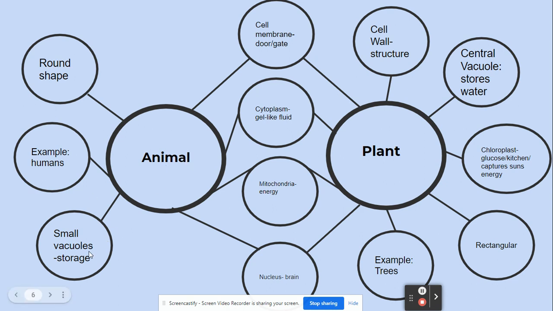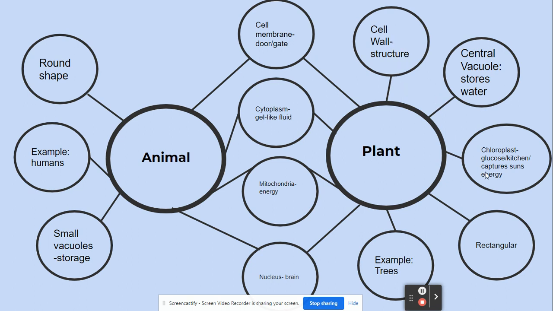Okay. For animals, we have the small vacuole, which is the storage bag where we keep water. And we talked about why we have a smaller one. We can go get water. Plants depend on rain, so they have a large central vacuole, or just one vacuole. Cell wall, plants have.